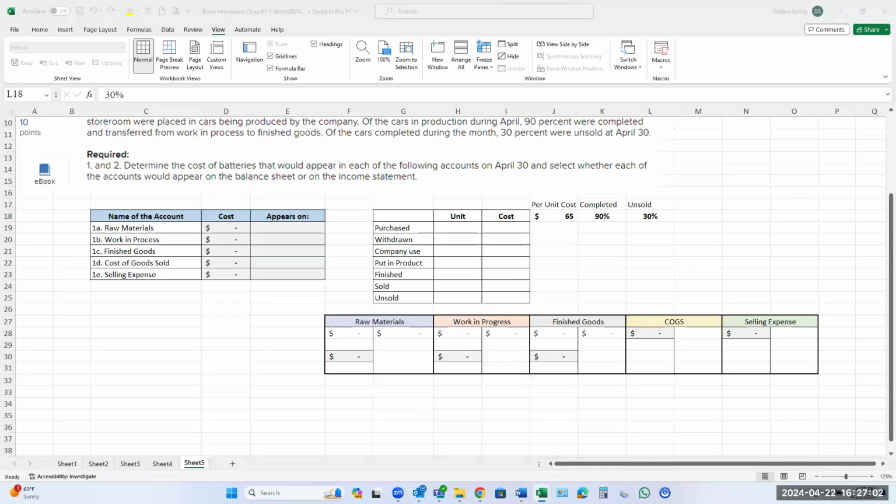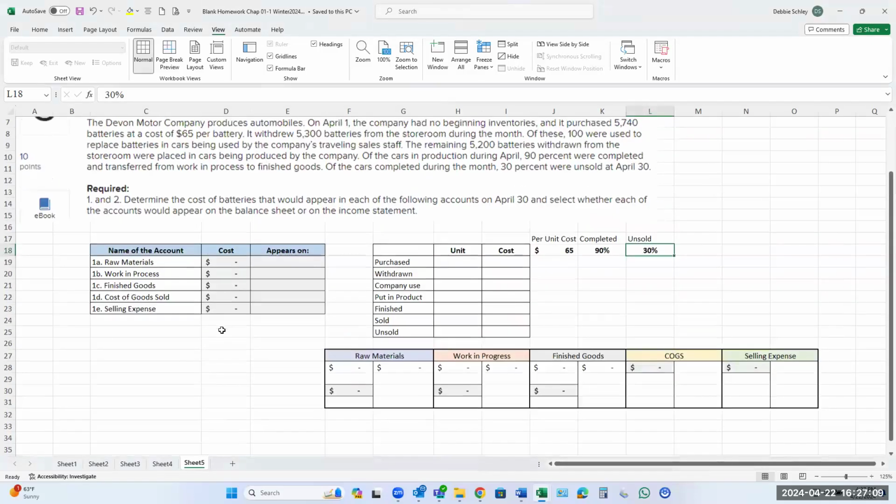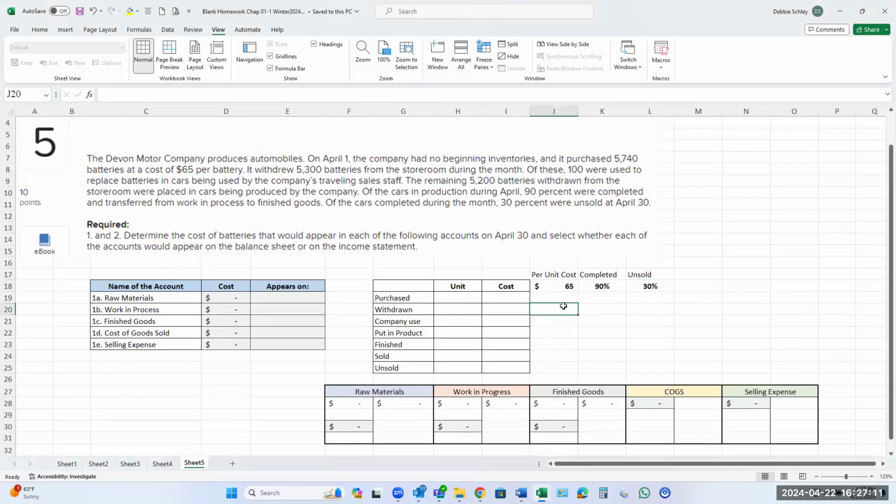Okay, question 5 is a little tricky, but I'm going to show you how to walk through it and hopefully help it make a little more sense.